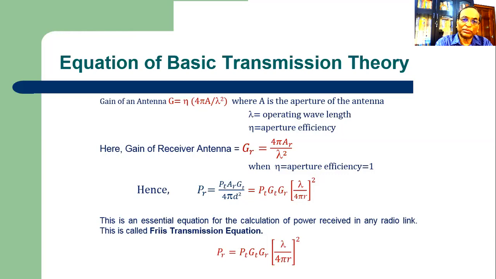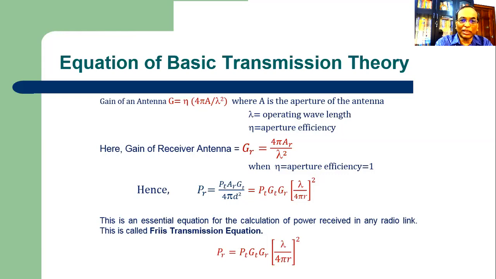Hence, the power received by the receiving antenna PR is equal to PT AR GT divided by 4 pi D square, as calculated earlier, which is equal to PT GT GR multiplied by lambda by 4 pi R whole to the power 2.